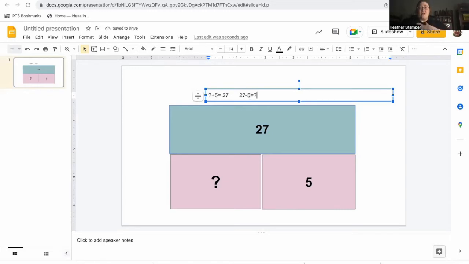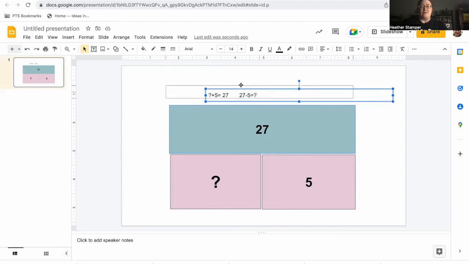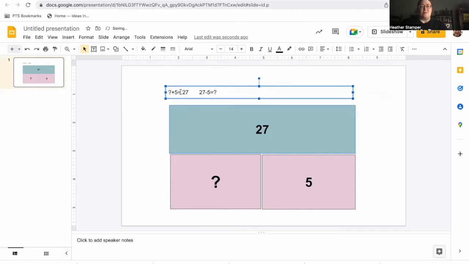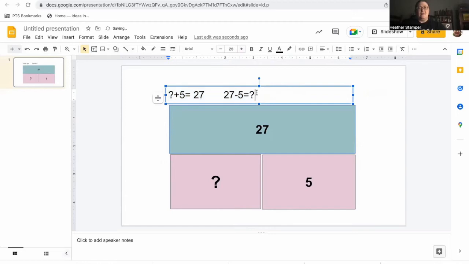Now, the way I was taught is when you're trying to find the missing number, you go with subtraction. Whole, take away part, you know what your other part is. But sometimes people like to do it in a little more interesting way by having question mark plus 5 equals 27 and then solve for the question mark. Me, I'm going to go with what's most comfortable for me and do the 27 minus 5, because that's my comfort level.